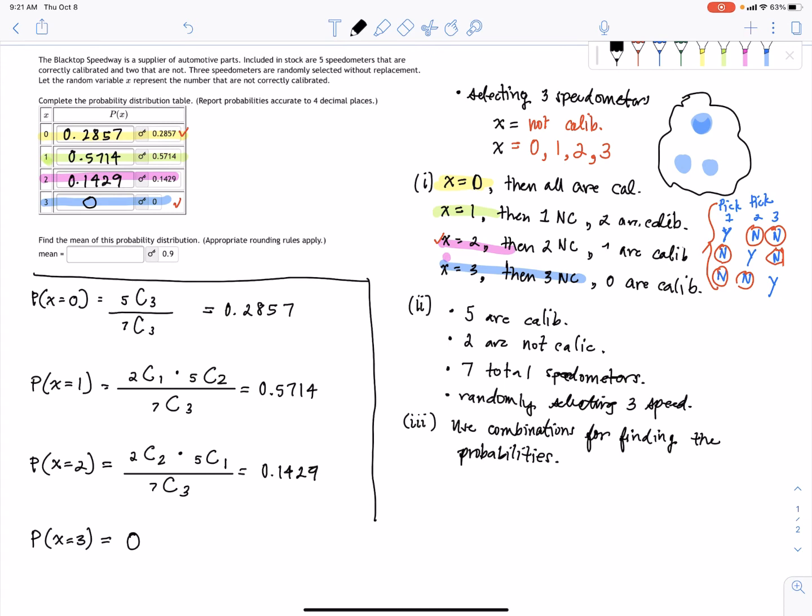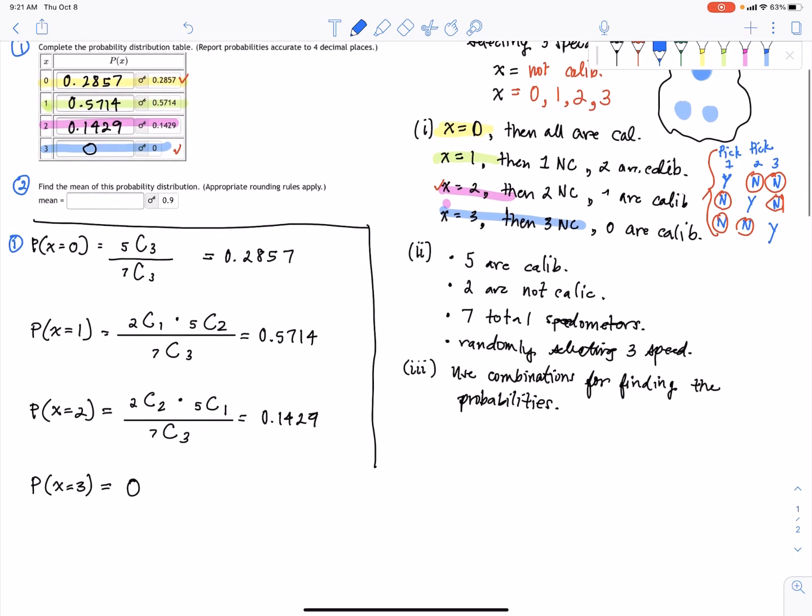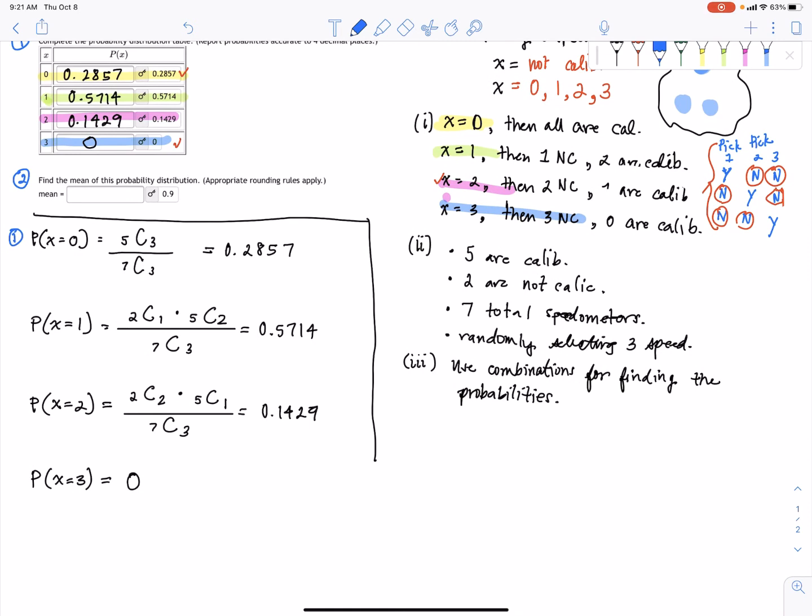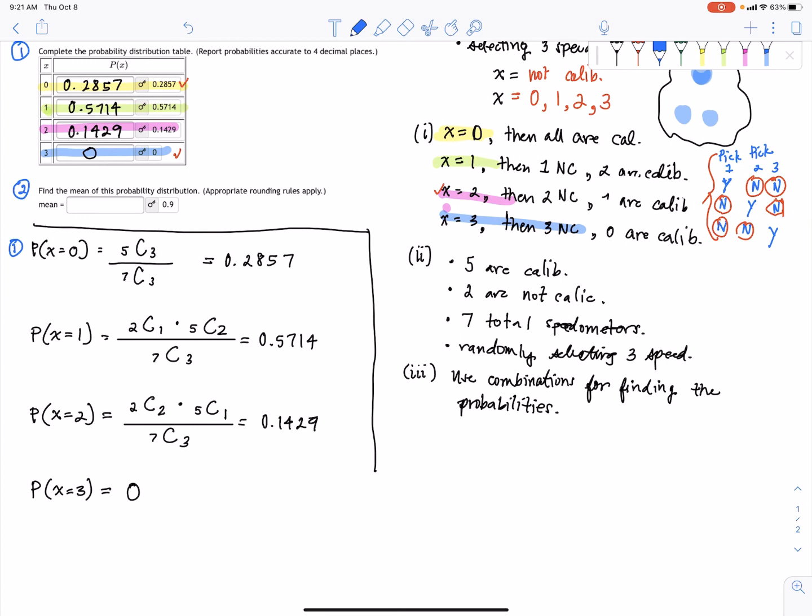So now that we have the probabilities, we can go ahead and do the second part, which is finding the mean or the expected value. Let me scroll down a little bit. In this case, to find the expected value or the mean of the probability distribution, you take each x and multiply by the probability of x for each one.